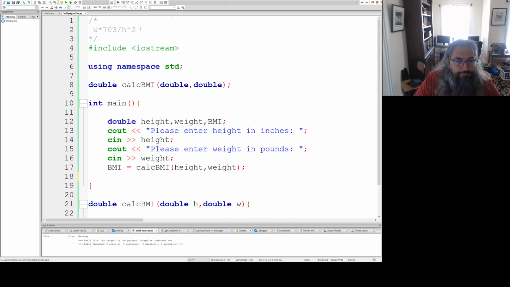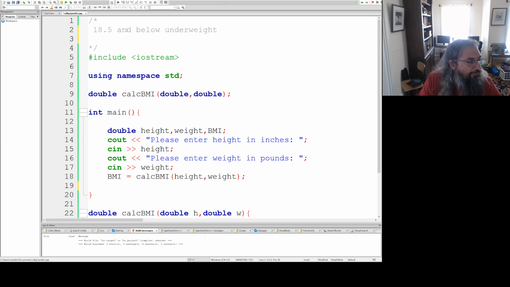So I'm just going to make a note up here at the top. Okay, so what were my categories? Well, I had 18.5 was the low end. So if I get my problems up here, I know that 18.5 and below is underweight.